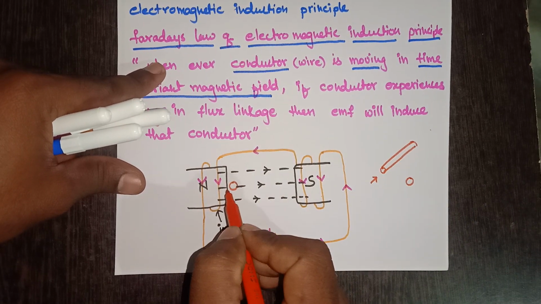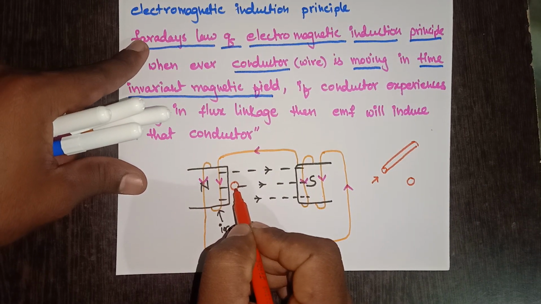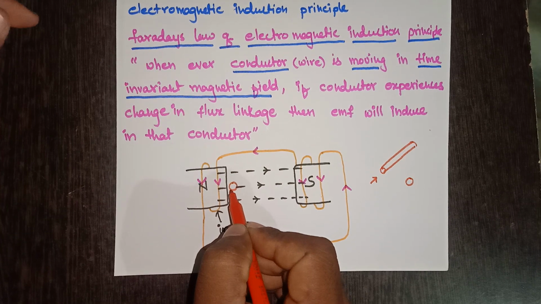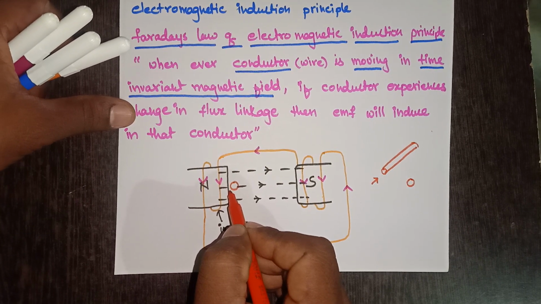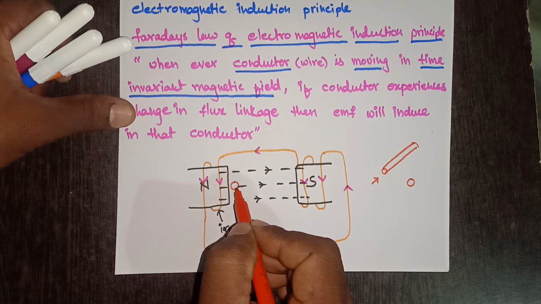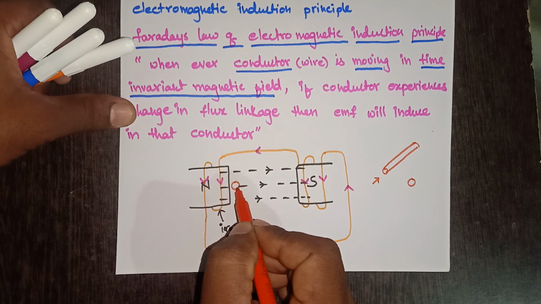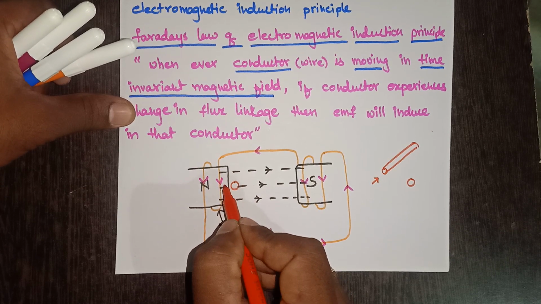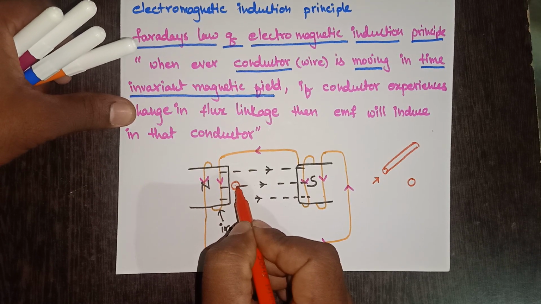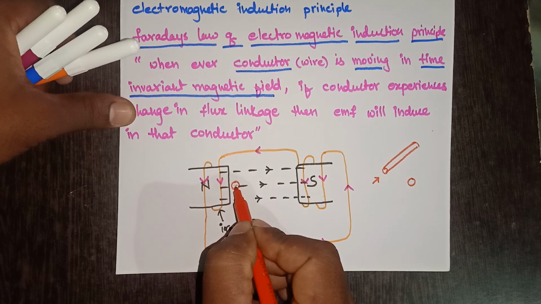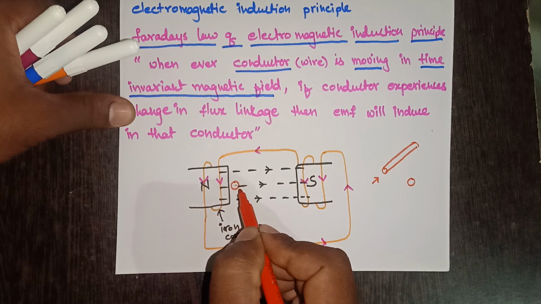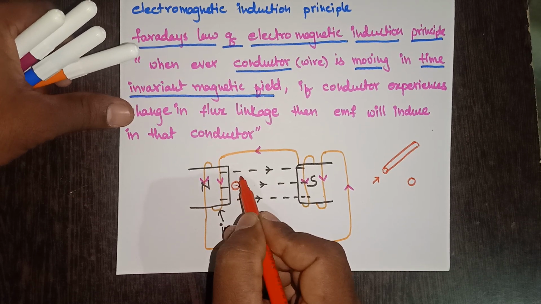Whenever flux lines are passing through this conductor, I can say there is a flux linkage. But it is not a change in flux linkage. Remember, this is very important. Flux lines are passing through it, so it is a flux linkage, but it does not have a change in flux linkage.